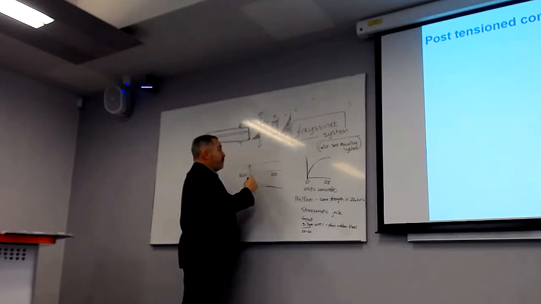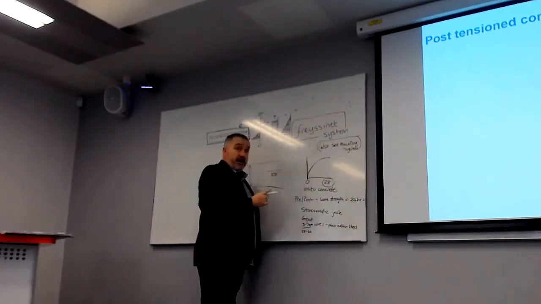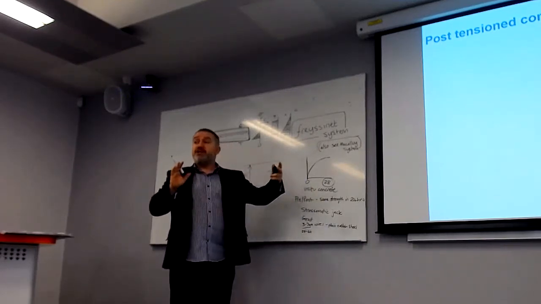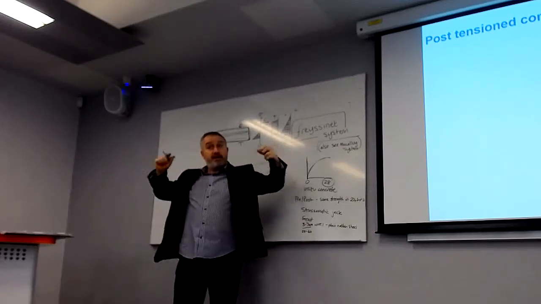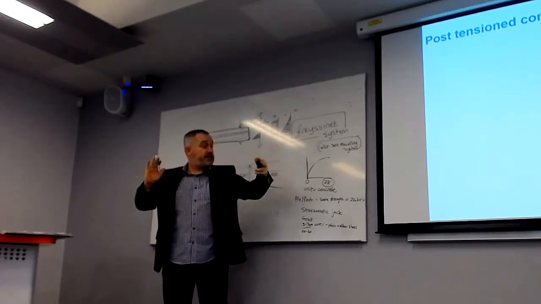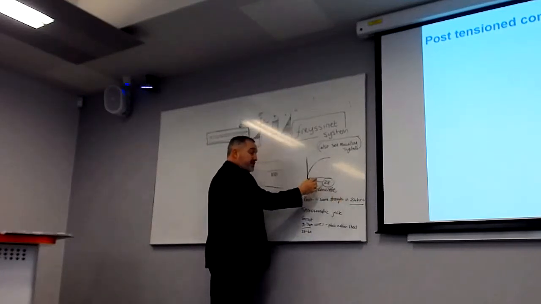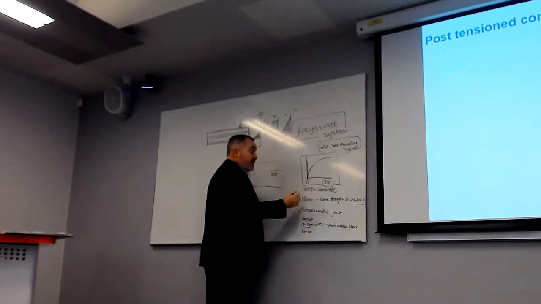Well, by using pre-tensioned concrete, you can get the same strength in concrete by putting it under tension. So once your concrete's reached a certain strength, you then tension the bars, and it squeezes it together. And within 24 hours, you can get the same strength as what you would have with normal in situ concrete, where the bars aren't tensioned.